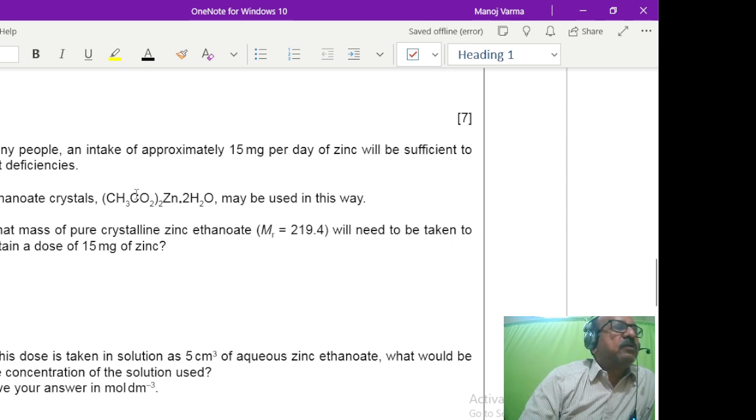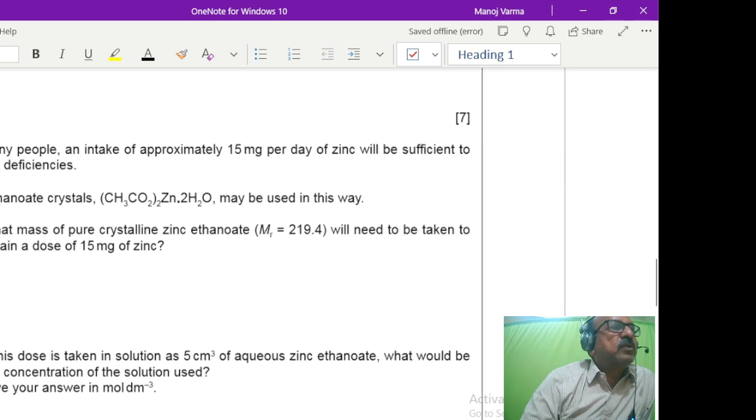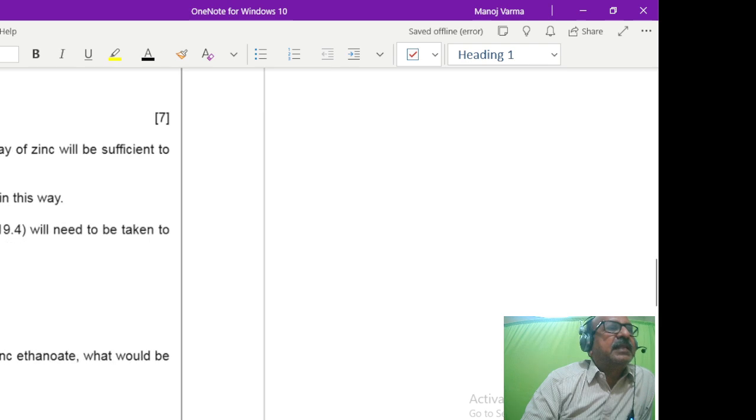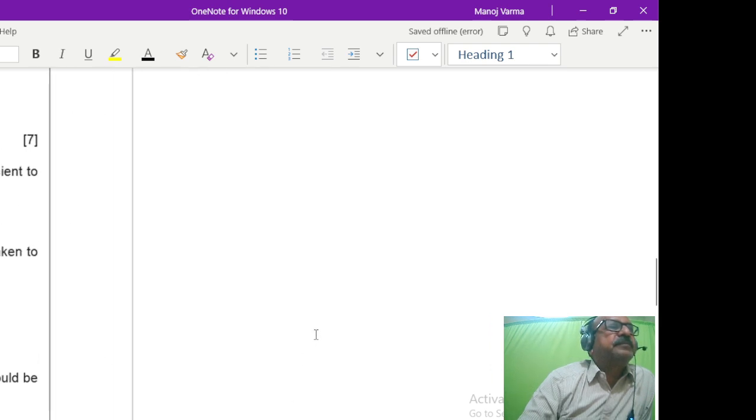How many grams of this salt you will take so that it contains the 15 milligram of zinc that you need for your body. So that's not so difficult. You see that in this total mass, what is the mass of zinc? You will have to use the atomic mass of zinc, and then you can easily get it. So let us see it over here.